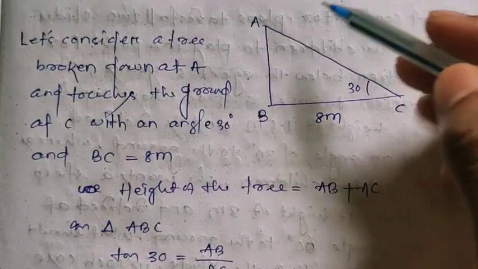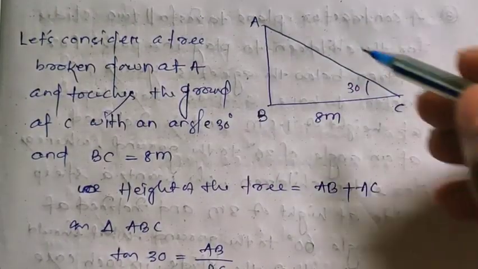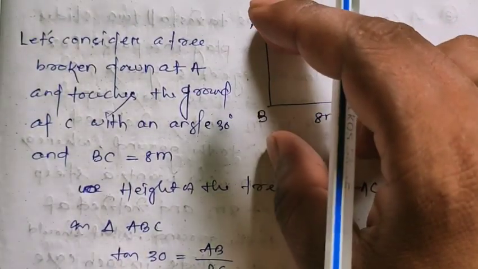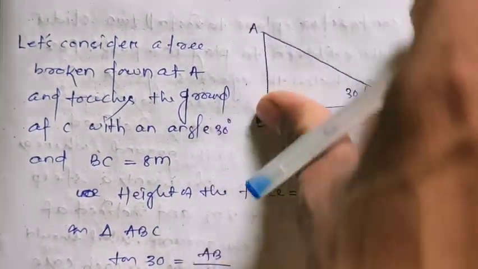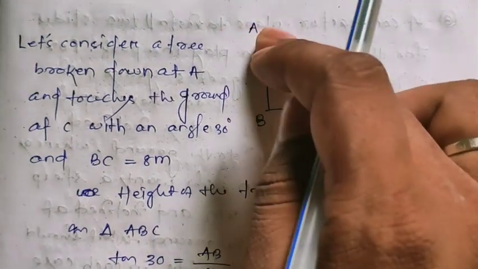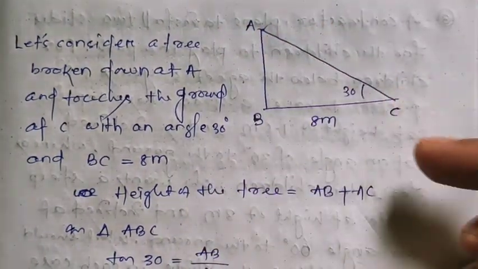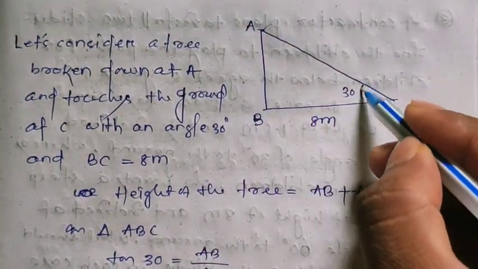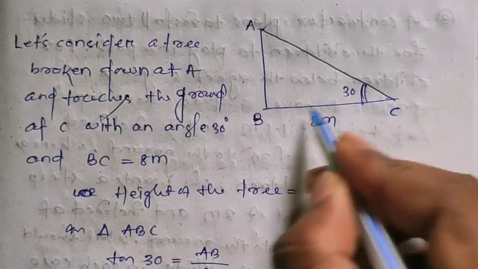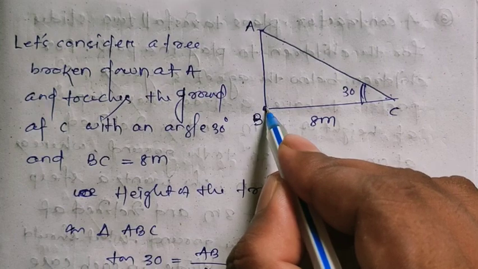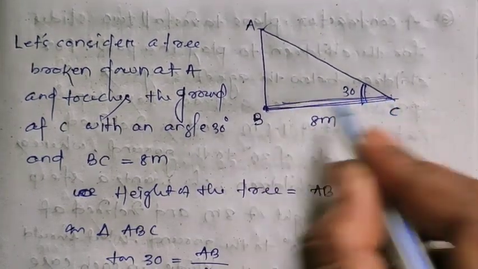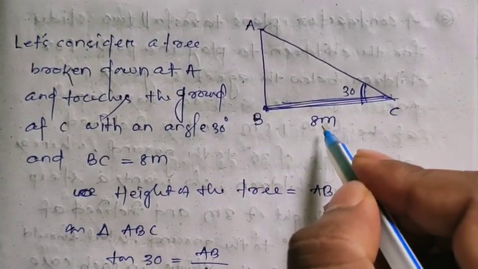Let's consider a tree, that is your AC, which is broken down at A. So let's consider it is a tree and it is broken down at A and its top touches the ground at C with an angle of 30 degree, and the distance between the top and its base is 8 meter. Understand?